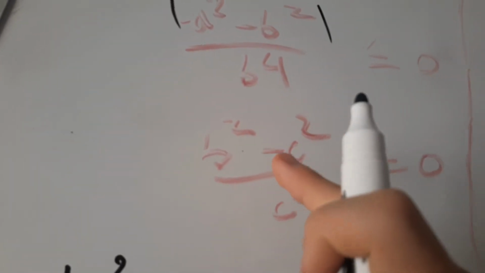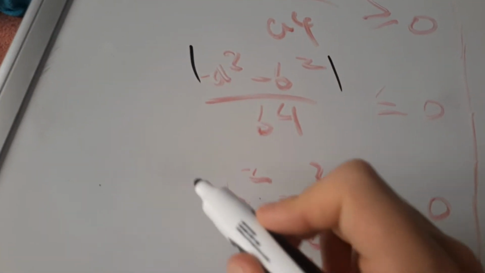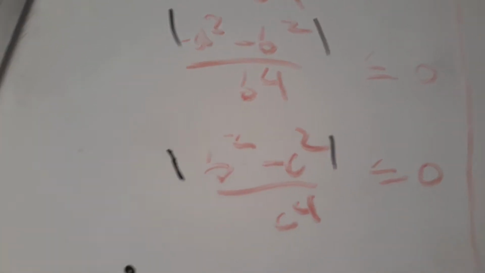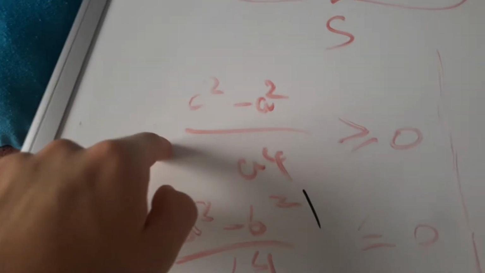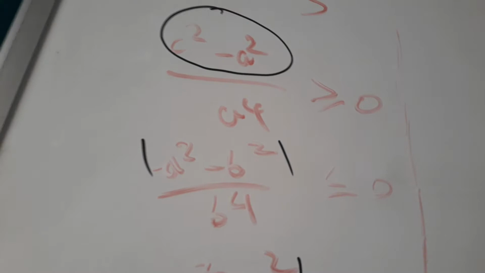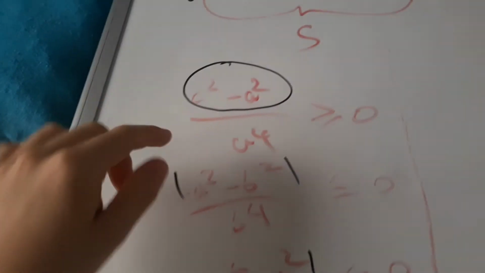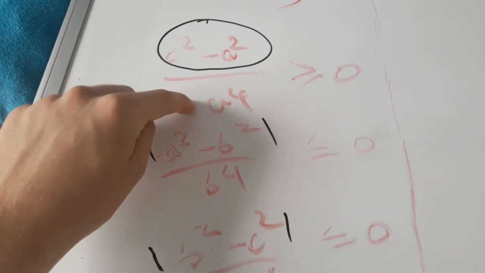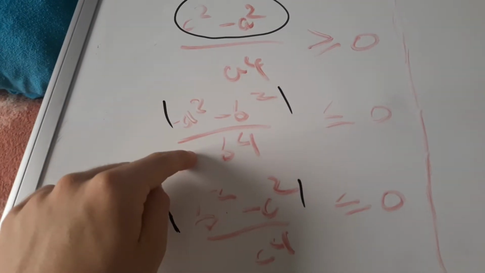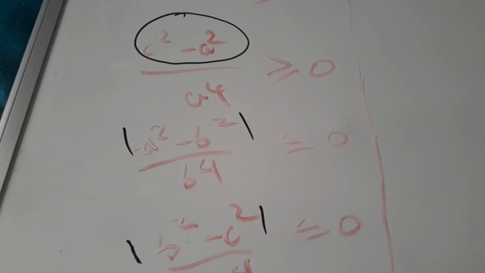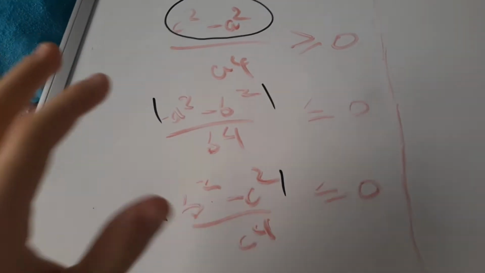And here also the absolute value of b squared minus c squared, which in our case will be c squared minus b squared, will be less than c squared minus a squared. So this is the largest numerator, and now the denominator will have to be the smallest, because a to the 4 will be less than or equal to b to the 4 will be less or equal to c to the 4.